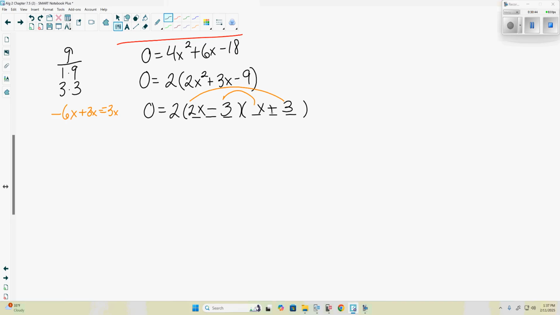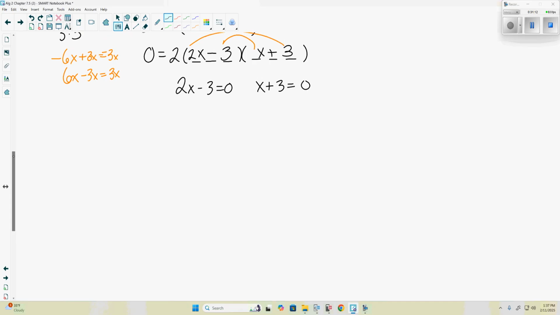So we need to flip the signs. Because when we flip it, now 2x times positive 3 would give us positive 6x. Negative 3 times x will give us negative 3x. So it switched the sign from negative to positive. And what that tells us is that 2x minus 3 is equal to 0, and x plus 3 is 0.